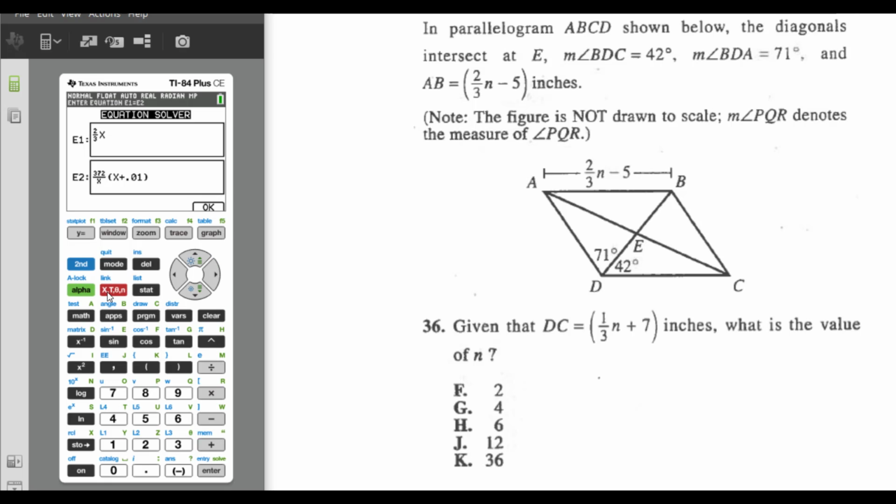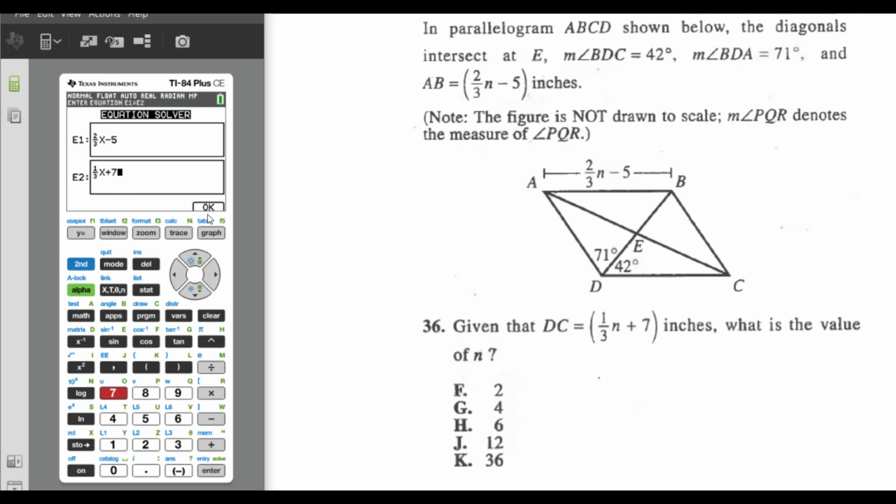Now I have to use x, I can't use n, that's for the variable, minus 5, down arrow, clear that out, and I want to know when that's equal to 1/3 x plus 7, so again, fraction template, so I have the left expression here, 2/3 x minus 5, the right expression, 1/3 x plus 7.